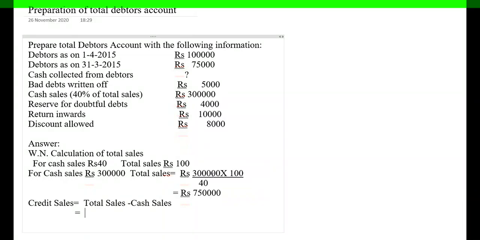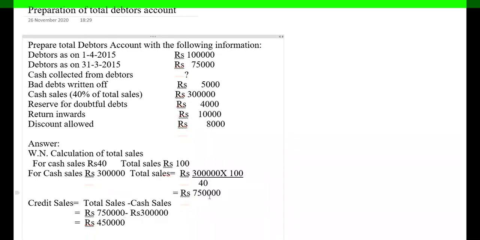Total sales which we have calculated as rupees 7,50,000 minus the cash sales given in this problem as rupees 3 lakhs. So here we arrive at rupees 4,50,000 as the credit sales.